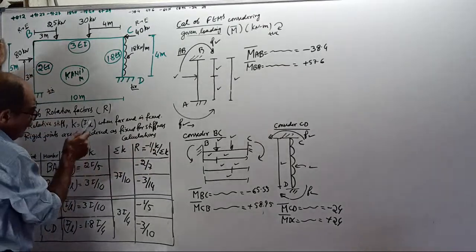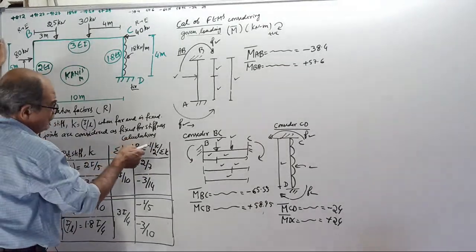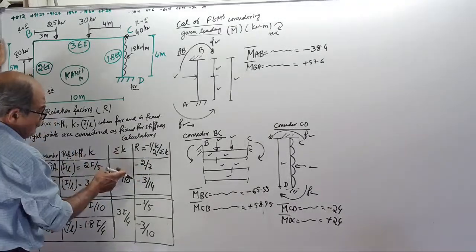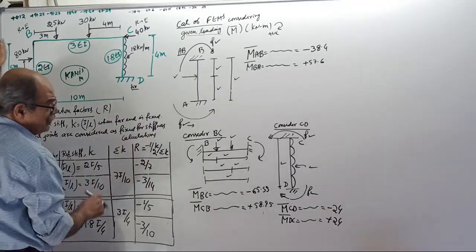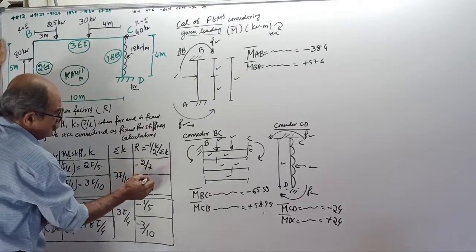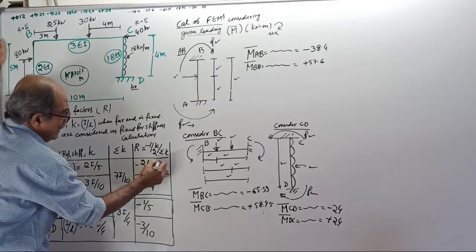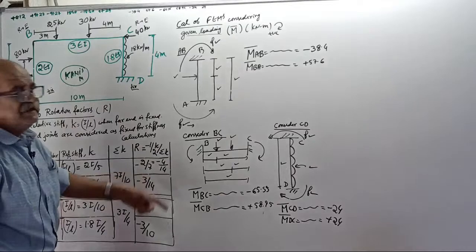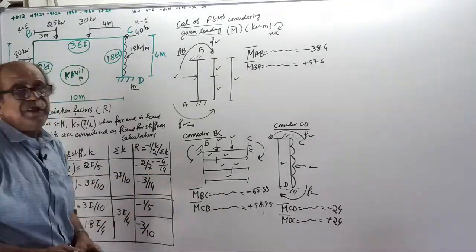So this one divided by this one into minus half will give minus 2 by 7. 3 by 10 by 7I by 10 will give you minus 3 by 14. Now, I want common denominator for both. So I will extend this as minus 4 by 14. Clear? I will extend as 2 by 7 as 4 by 14.